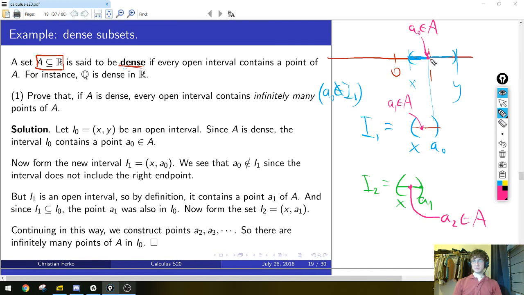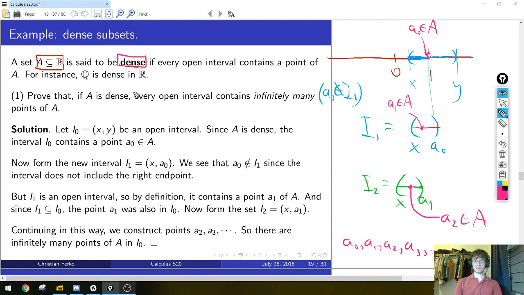So if you repeat this process using that every single open interval has a point of A, you can construct an infinite series of points, A0, A1, A2, A3. This goes on to infinity. So there are infinitely many of these points of A, which were all in the original interval I0. That's the proof.